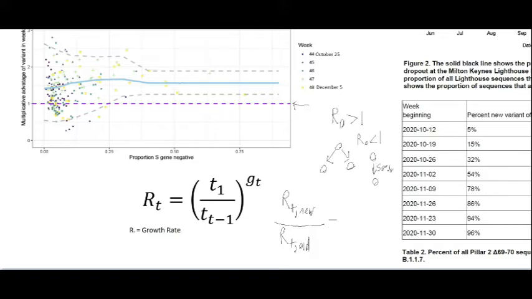Now, if it is greater than 1, then we would say this is a larger number than this. And that's exactly what they find up here. So the average up here, this blue line here, is above 1, and so they can say that this is actually more contagious. Its growth rate is greater than the growth rate of the non-new variant.